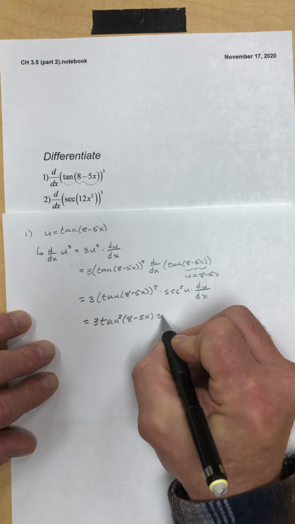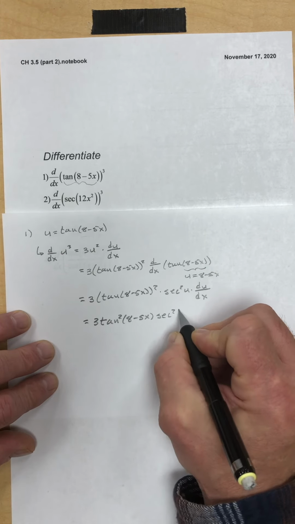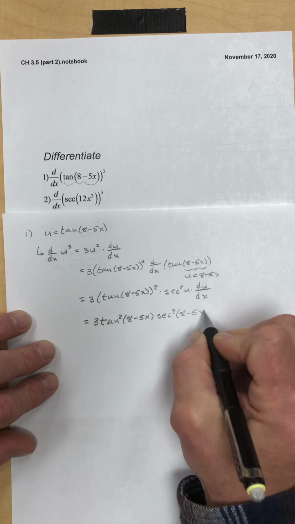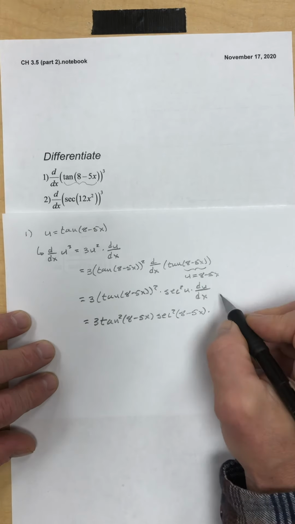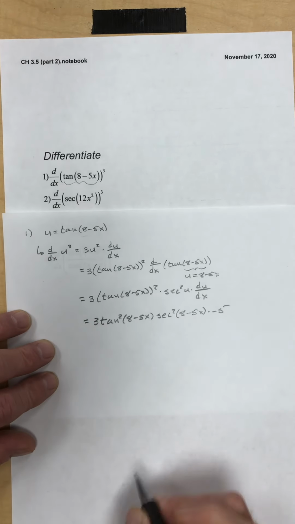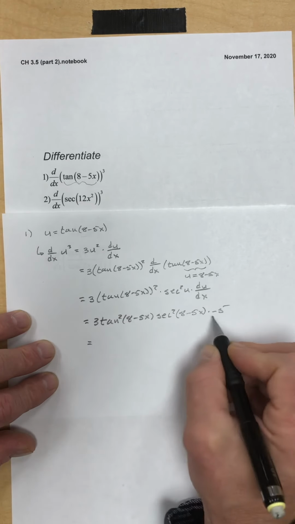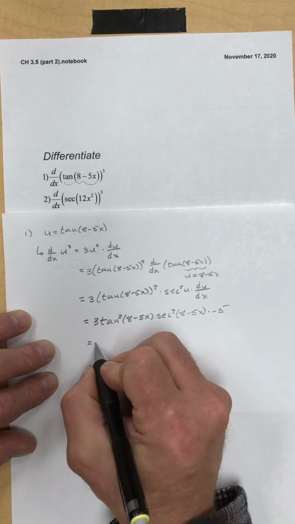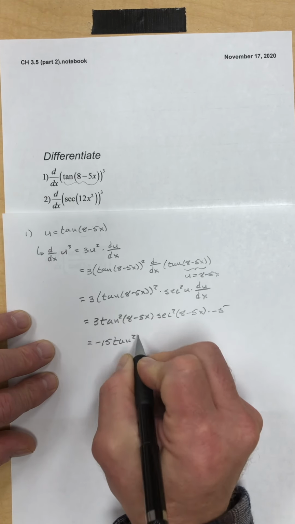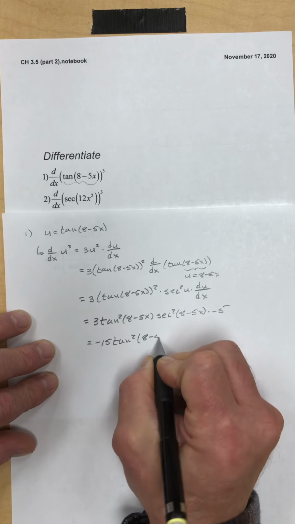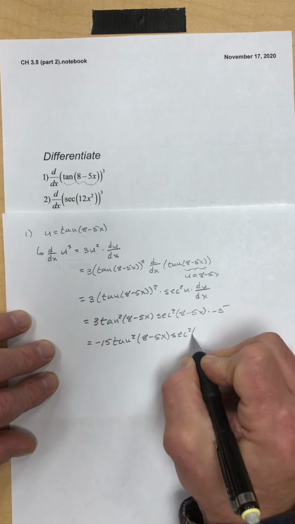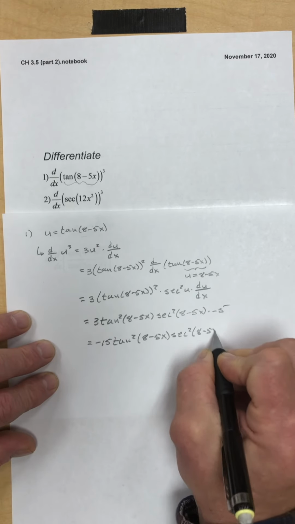Then it'd be secant squared of my u, 8 minus 5x, times the derivative of u, which would be negative 5. So for my final answer, multiply that negative 5 into the 3: negative 15 tangent squared of 8 minus 5x times secant squared of 8 minus 5x.